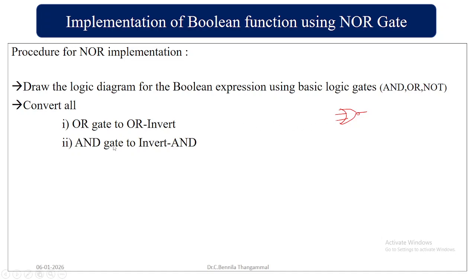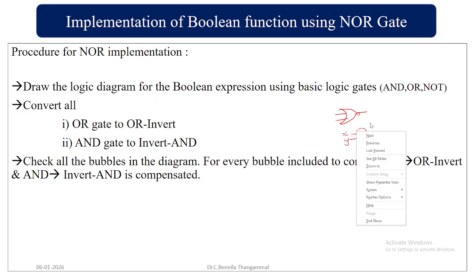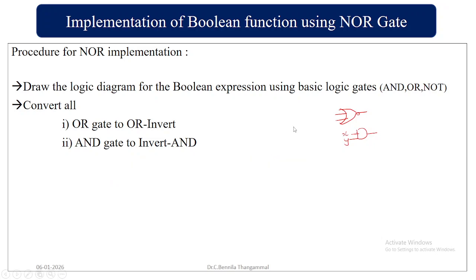And convert AND gates to invert AND. Why is it so? Here I have an AND gate with inputs X and Y. For invert AND, if I put the bubbles at the inputs, I get X bar and Y bar.